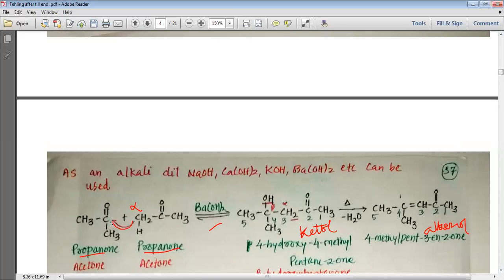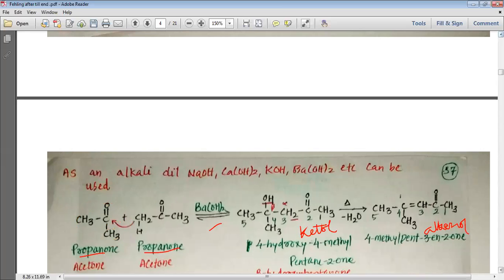The carbonyl group which is attacked is kept open, so the chain of that particular carbonyl group is written in this manner, so that we can easily cause the attack to take place in an aldol condensation.